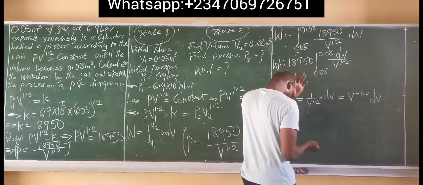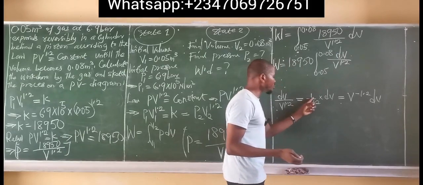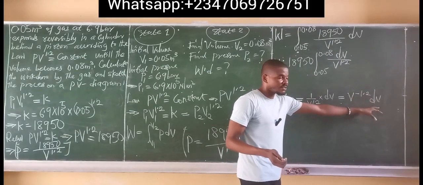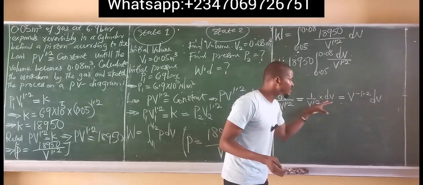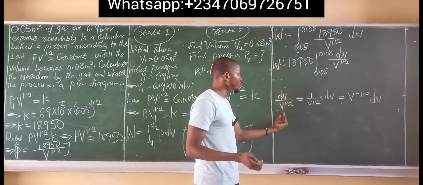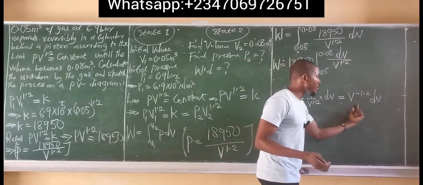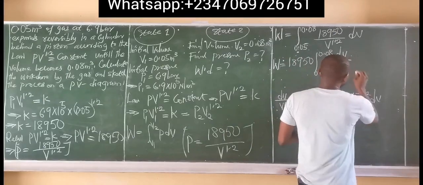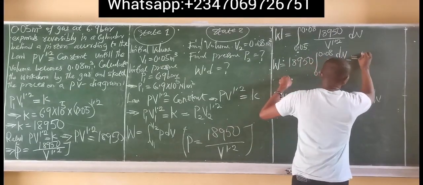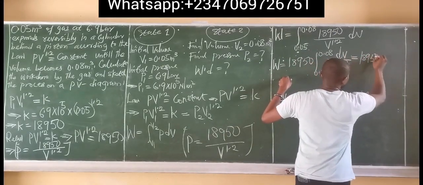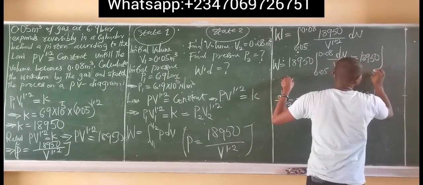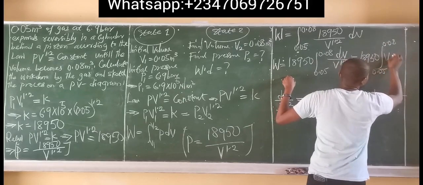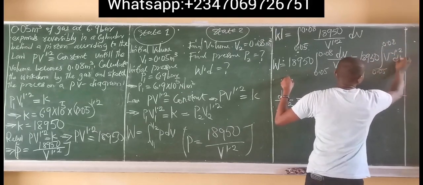So we simply change the division sign to a negative power, and it becomes V to the power of minus 1.2 dV. So we can rewrite this whole term, dV all over V to the power of 1.2, as V to the power of minus 1.2 times dV. Keeping this in mind, the equation now becomes 18950 integral from 0.05 to 0.08 of V to the power of minus 1.2 times dV.